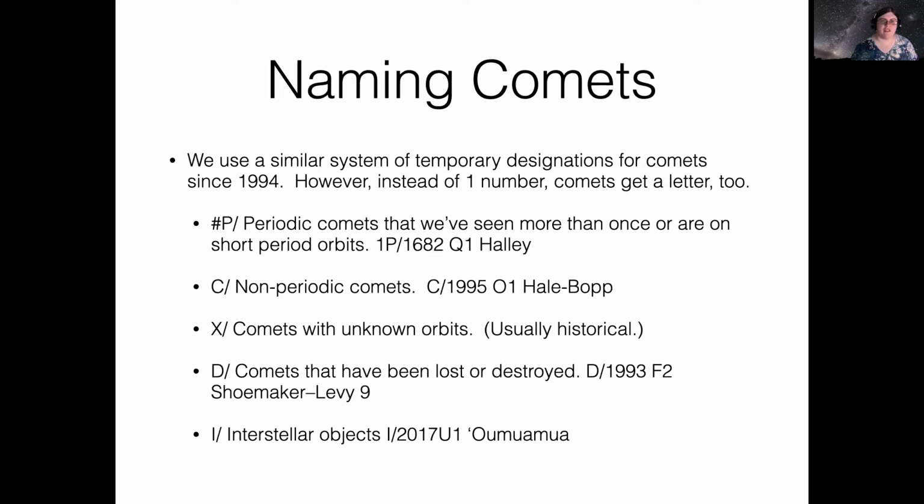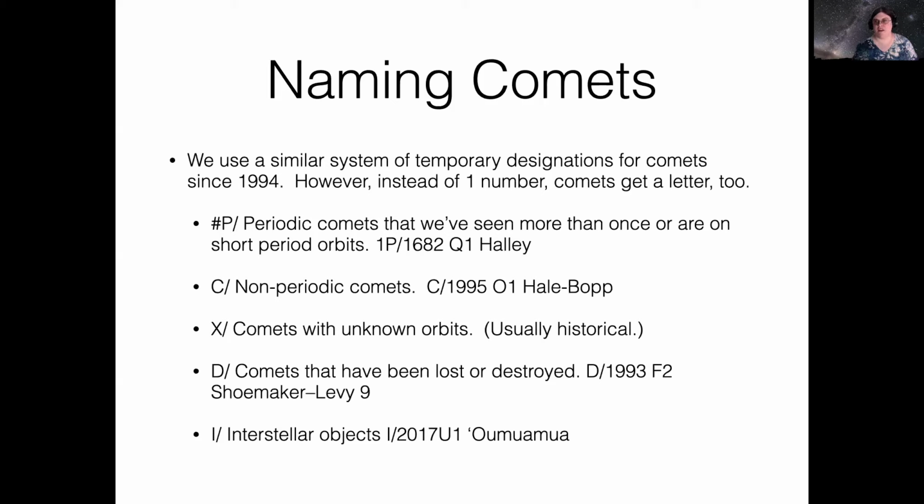The P comets are periodic. Those are the ones that we've seen more than once. Or if we find a comet and we know it's on a short period orbit, we're going to see it again in under 2 centuries, it'll often get a P on its discovery.